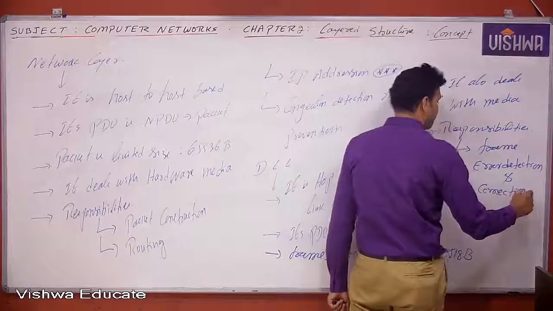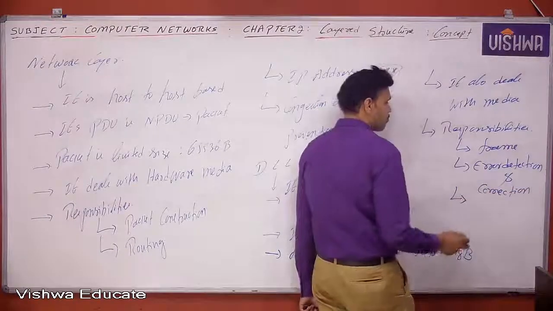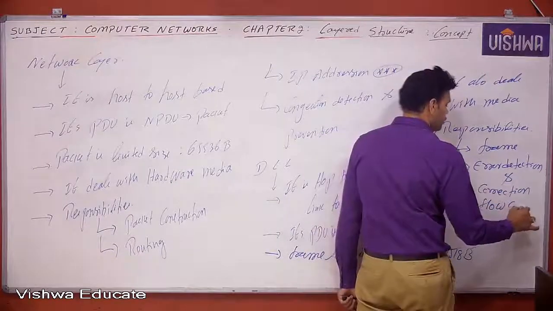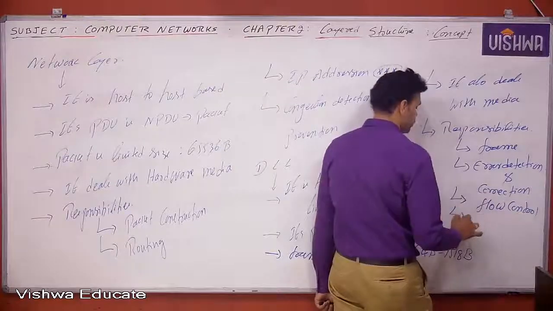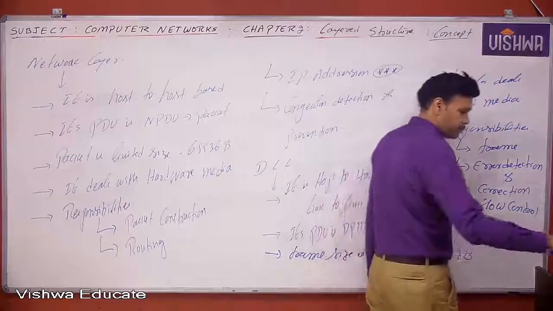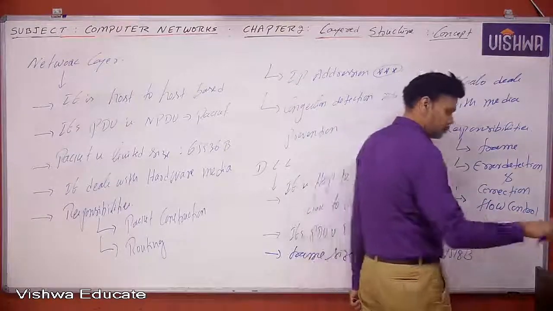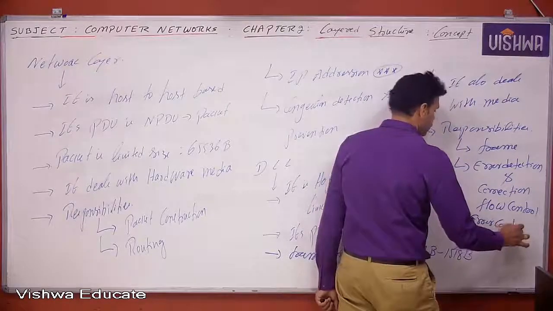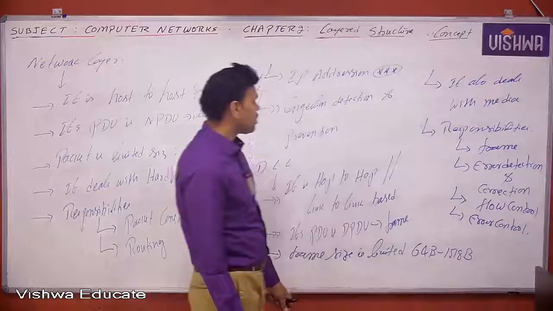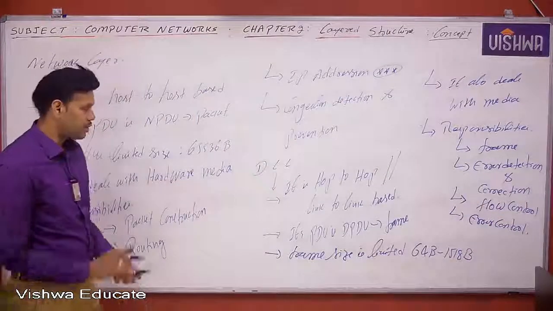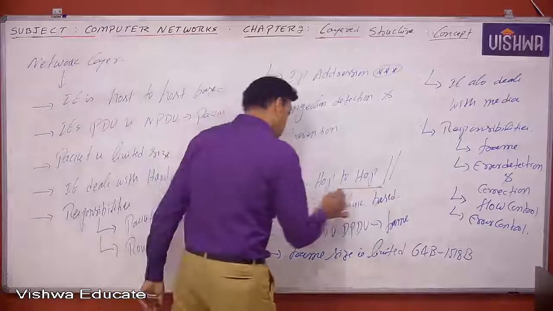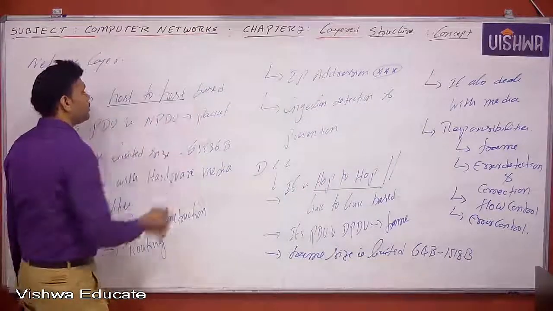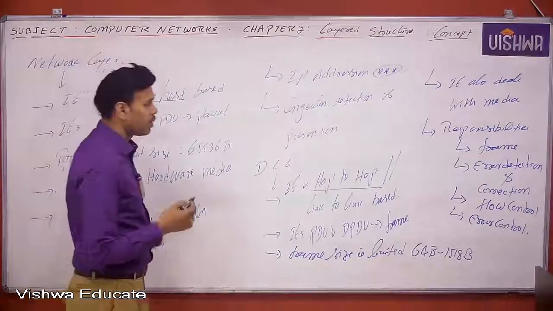Number three, flow control and error control. So this is how about the data link layer responsibilities. In this, the very important is hop to hop, and here very important is host to host. Just copy this.